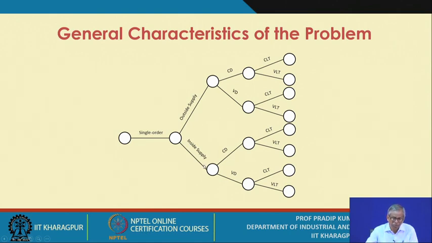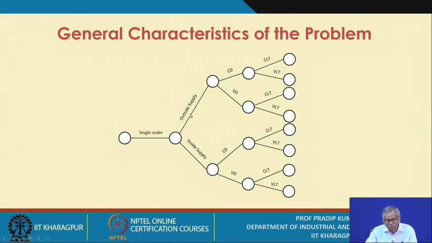As you know, if you refer to the original classification of problems, this diagram was made for multiple orders also, the dynamic situation. So here it is a static situation: single order, outside supply, inside supply.